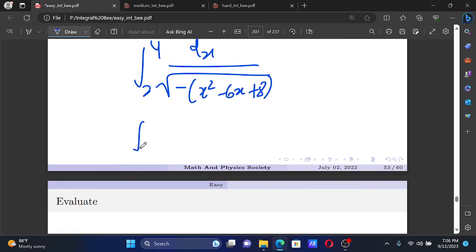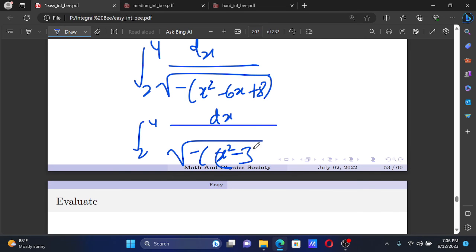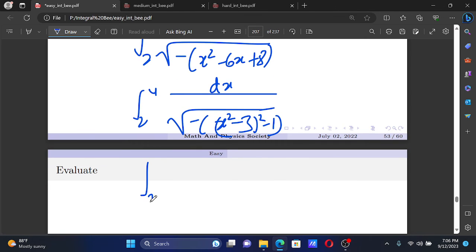Now this will be integral from 2 to 4 dx by root under minus of (x minus 3) whole square minus 1. So that will be from 2 to 4 dx by root under 1 minus (x minus 3) whole square.